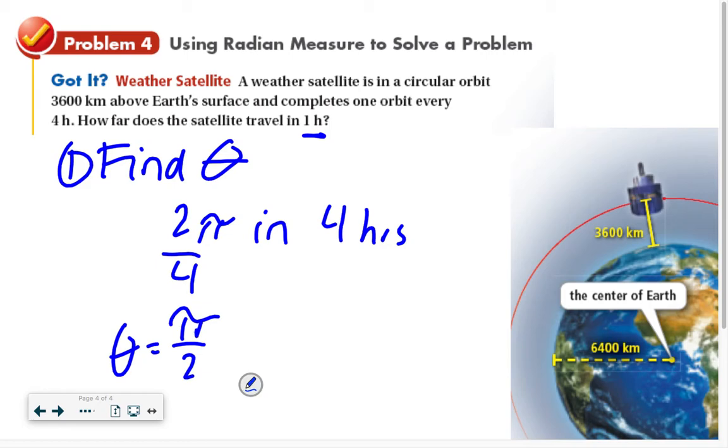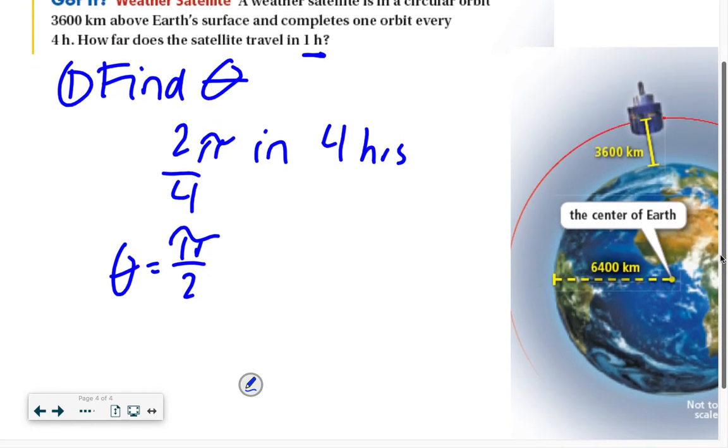The other thing we said we have to find is our radius, using our handy little picture. How much is it from the center of the Earth to the crust of the Earth? Is that the right word? I think so. It's been a long time since I took science. What's the radius of just Earth? 6,400. Okay.